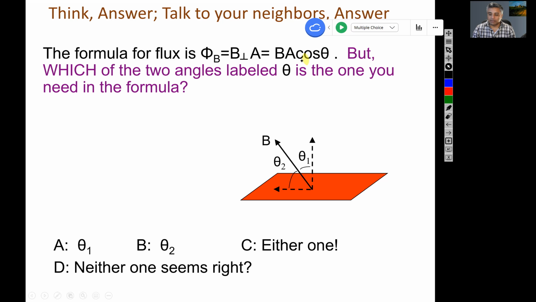In this formula, which angle do you use? Assuming that B is there, and the coil is a rectangular coil. So that's the plane of the coil. The red is the plane of the coil. Okay, so now you have a minute to answer this question.